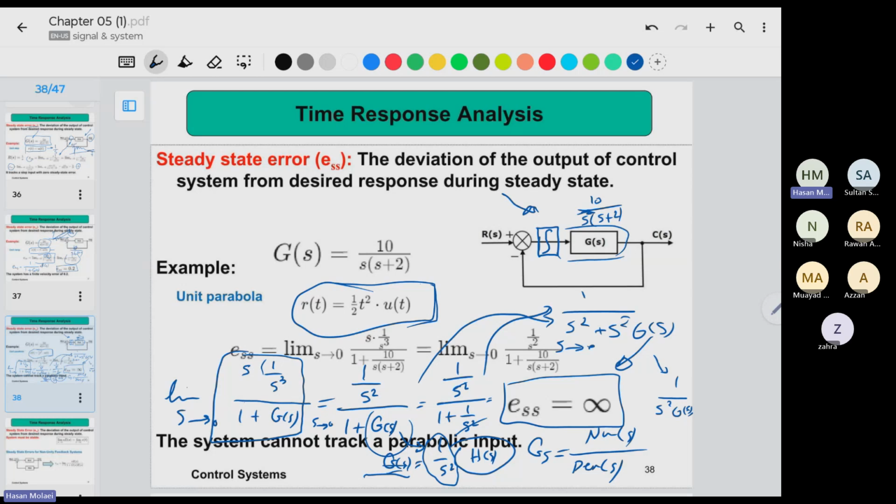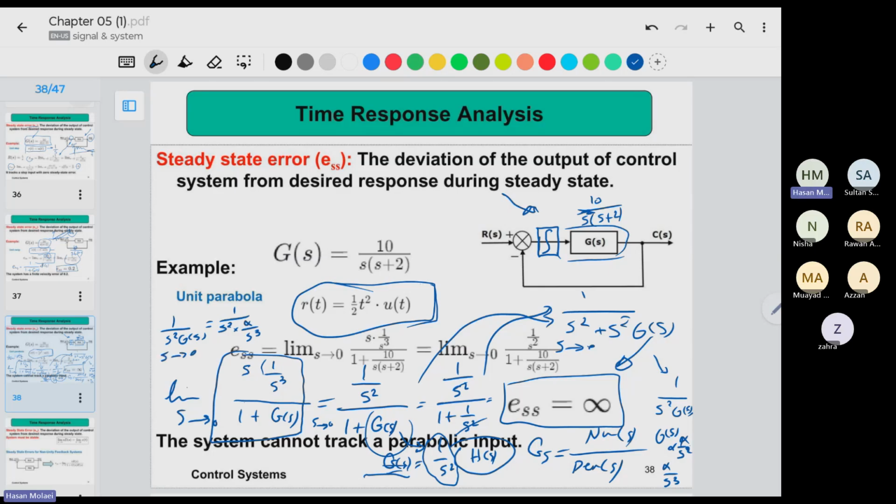If G of S has a factor of alpha over S squared, this one would be a constant. If G of S has a factor of alpha over S cubed, it would be 1 over S squared multiplied by alpha over S cubed.